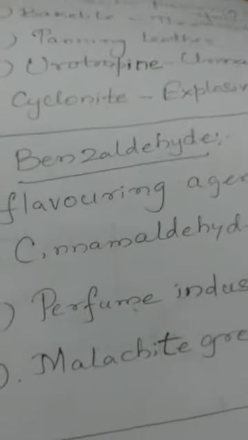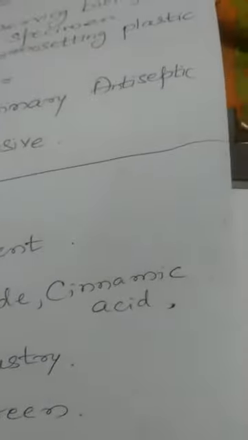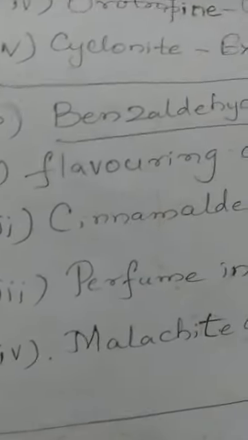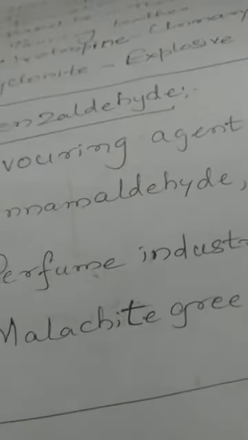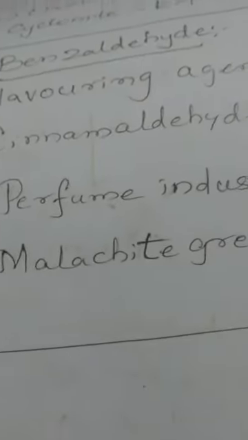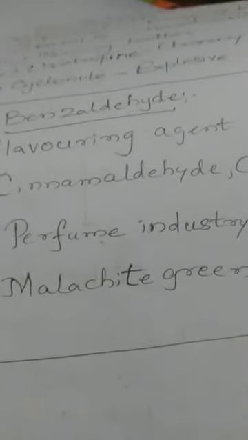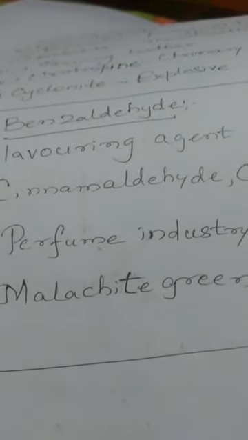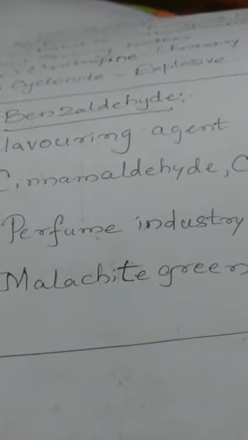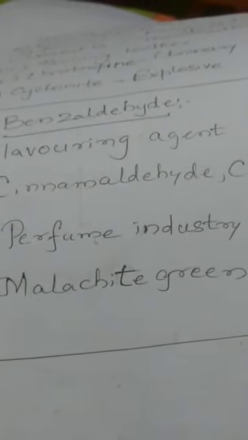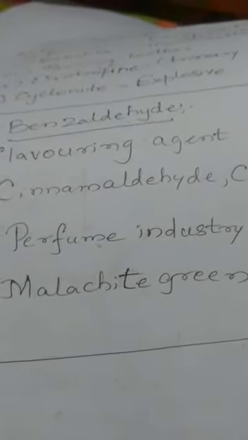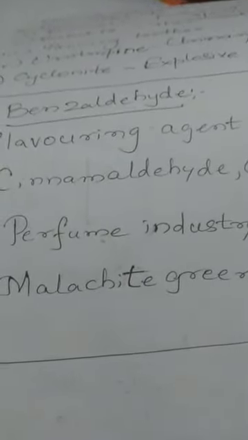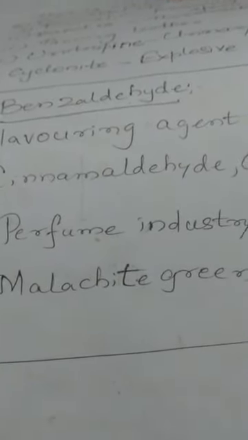It is used in the preparation of compounds like cinnamaldehyde, cinnamic acid, etc. It is also used in the perfume industry, and a very important use is in the preparation of a dye, an organic coloring compound, malachite green. These are the important uses of the aromatic aldehyde, benzaldehyde.